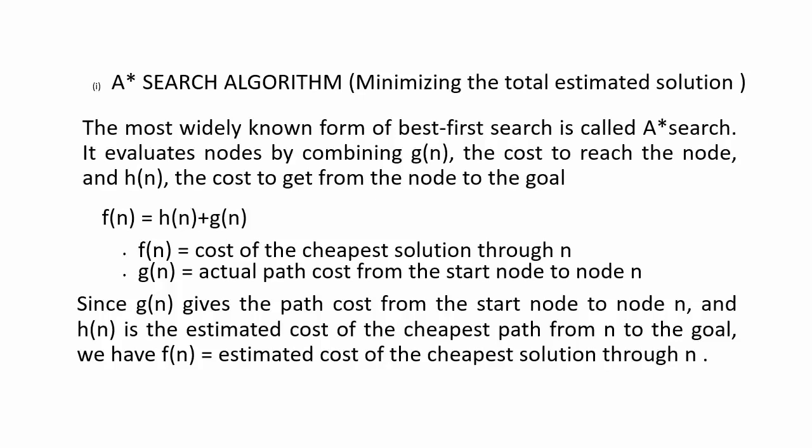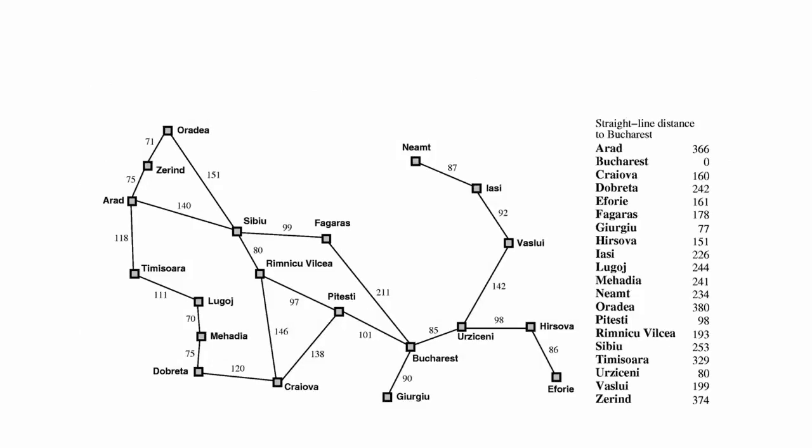Let us see how we calculate f of n values for the same graph and the same heuristic values, the straight line distance values, and how the A star search algorithm is implemented.